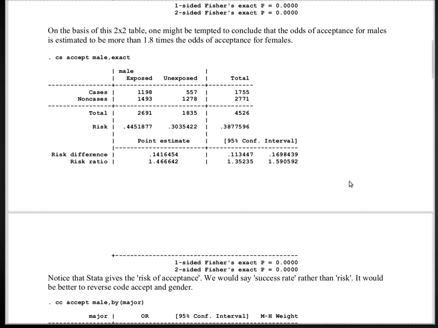Notice, by the way, that although I have presented this to you in terms of the probability of acceptance into a program, Stata nevertheless uses the terminology of risk. And so this is one of those places where I would say that it's nice to have the negative thing being the probability of the negative thing, which is the probability of not being accepted.